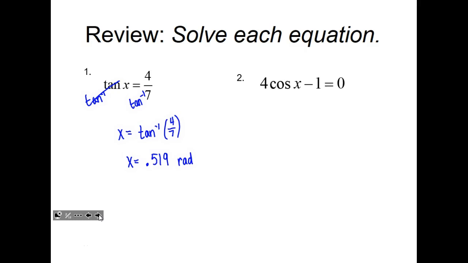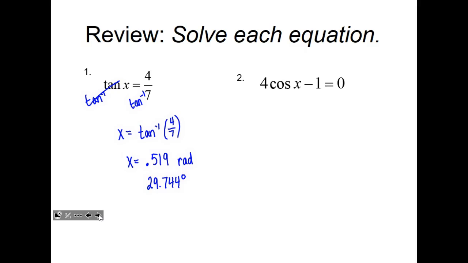Yes, radians. Does somebody have it in degrees? What have you got, Shane? Okay, so either one of those would be the answer. We've done that before, right? We have to use our calculator to help us there.